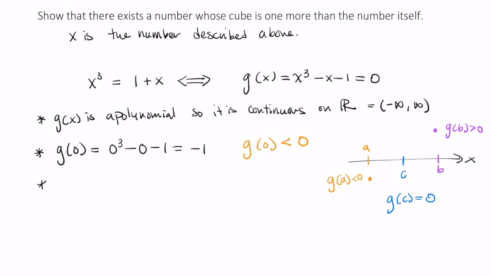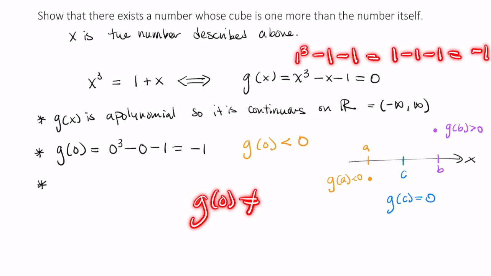Okay, so next let's try a different value. Let's try 1, and again, it's because that makes the arithmetic easy. I have 1 minus 1. All right, so for our next point, let's try 2. And I decided to skip 1 because I can see already if I do 1 cubed minus 1 minus 1, I'm going to end up with negative 1, which doesn't help me because remember, I need g of A not to equal g of B. And if I choose positive 1, they will equal the same value.